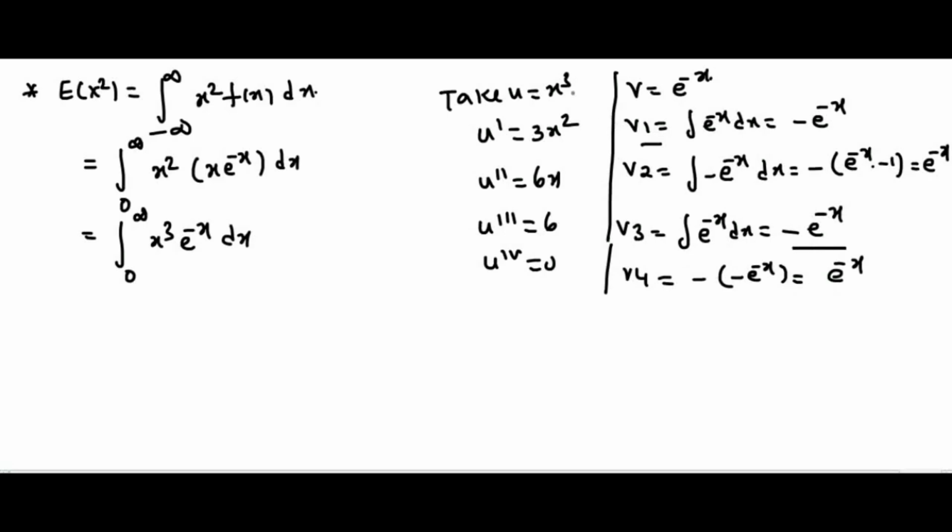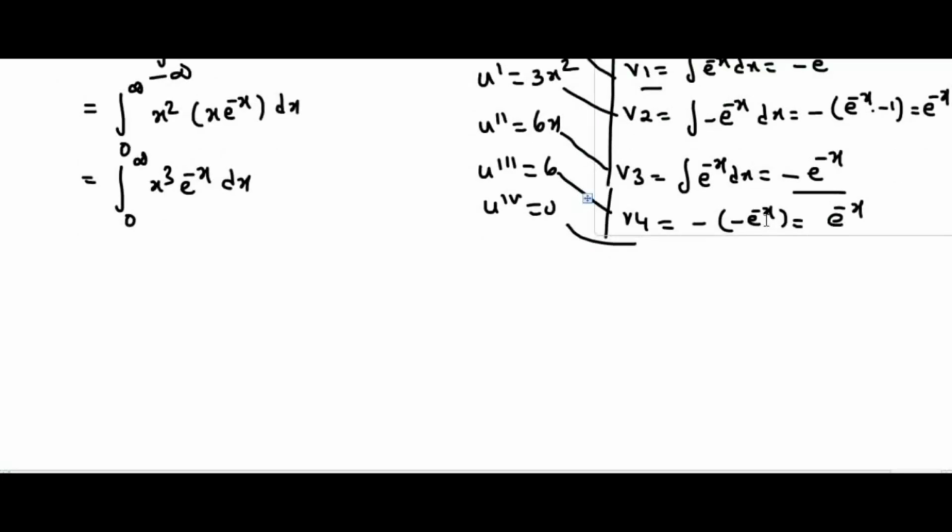So what is the Bernoulli formula? Multiply u into v1, minus u dash into v2, plus u double dash into v3, minus u triple dash into v4. The u fourth derivative is 0, so if you multiply here, everything is 0. Now substitute. What is u? The u value is x cube. v1 is minus e power minus x.